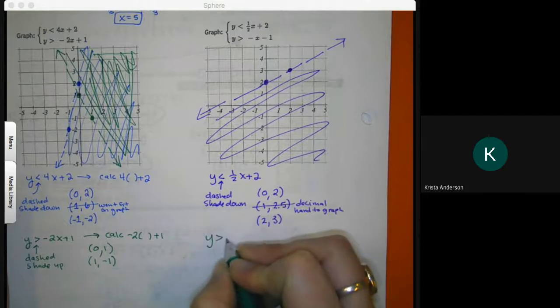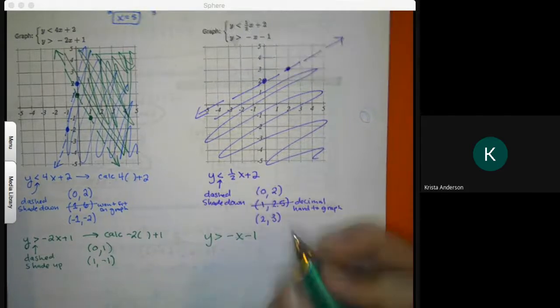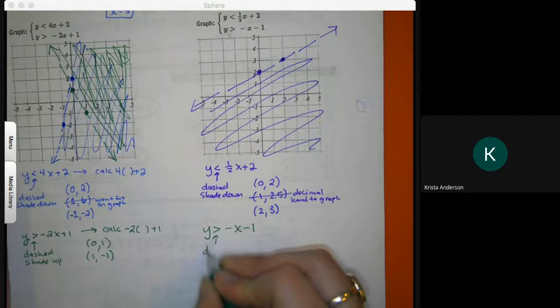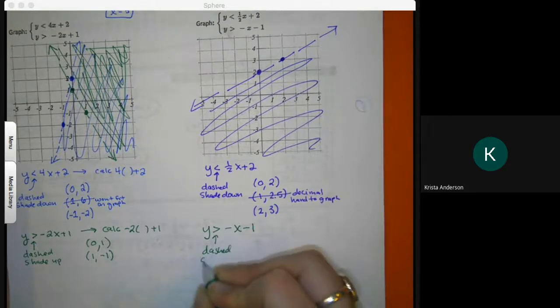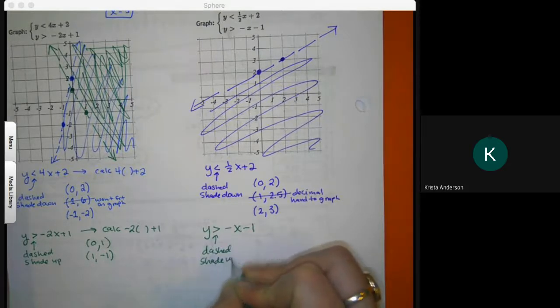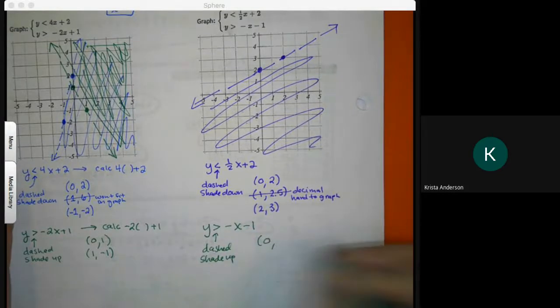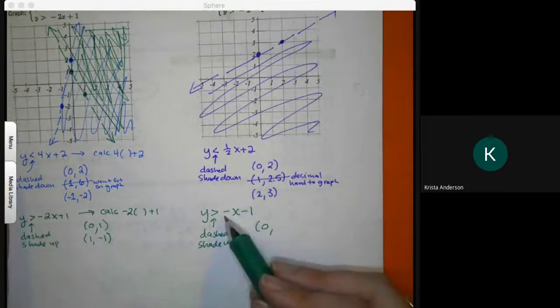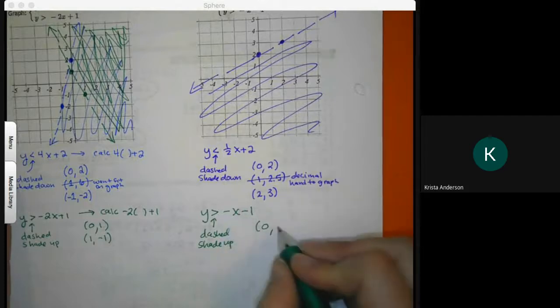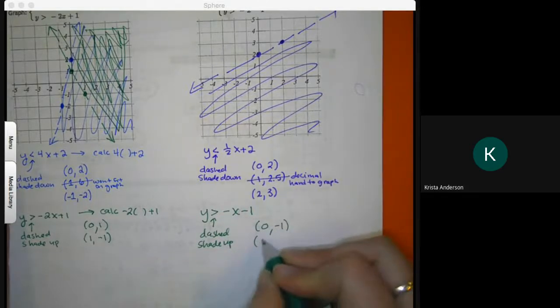Y is greater than negative x minus 1. Dashed. Shade up. When I plug a 0 in, negative 0 minus 1 is negative 1.